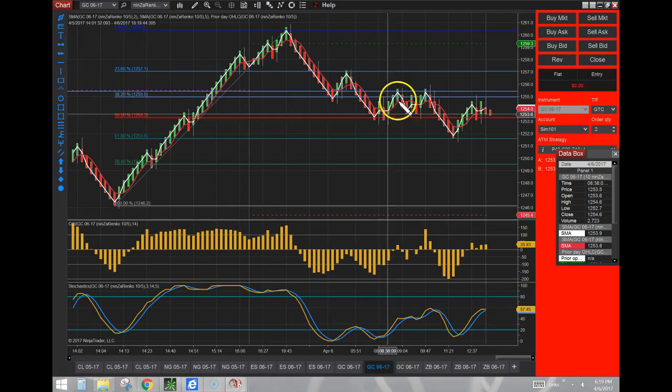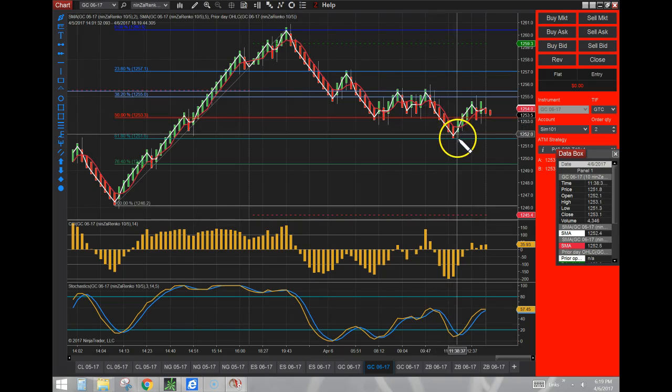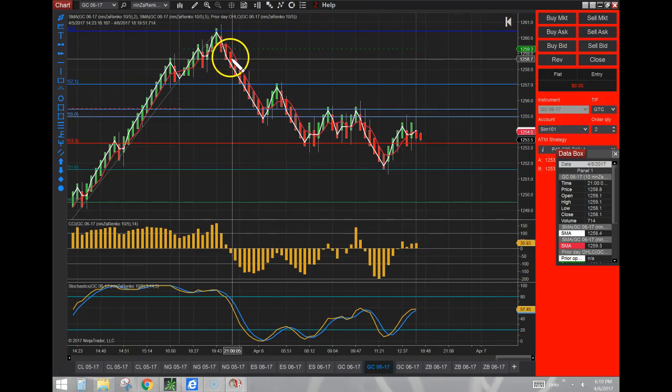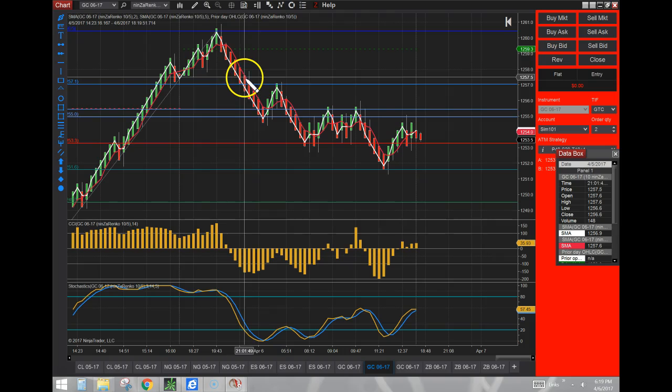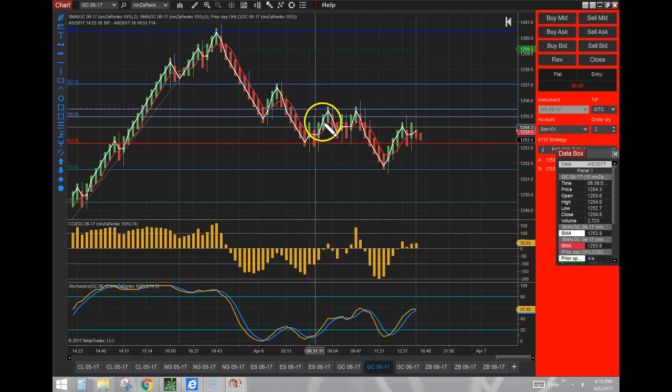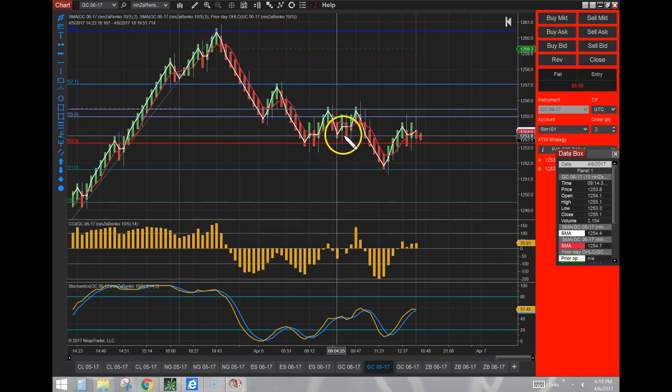And you can see it did bounce a little bit here, and then it fell through, went down to the 61.8. So it didn't move a whole lot after yesterday's session, I guess, or last night, I should say. So you could have done some trades in here, but just giving you a heads up what happened there.